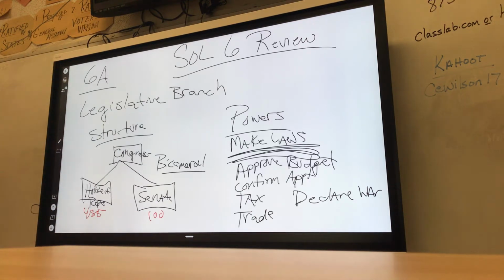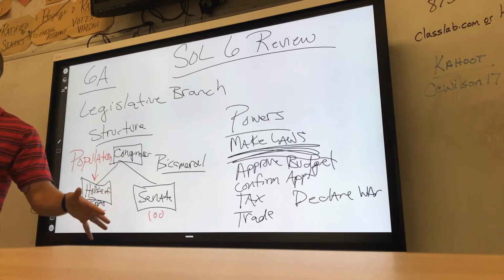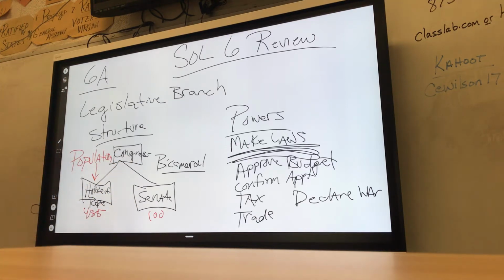There is something else that you do need to know about the House and the Senate. How do we determine the number of people in the House? Based on population. I know it's all sort of jumbling together. How do we determine the number of senators? There are two per state.